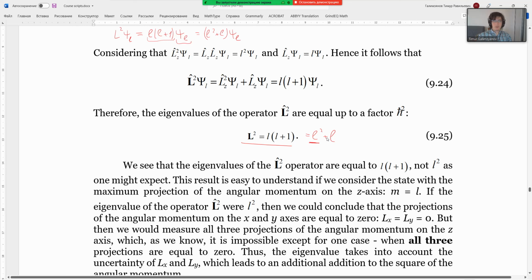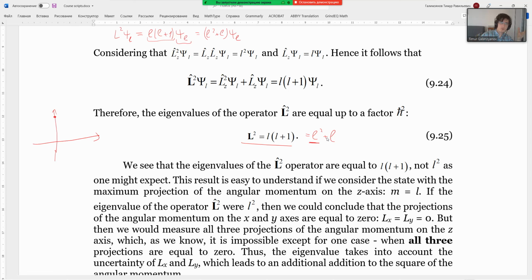However, in quantum mechanics, we already discussed that if L squared would be equal to L small squared, then Lz equals L, Lx equals 0, Ly equals 0.